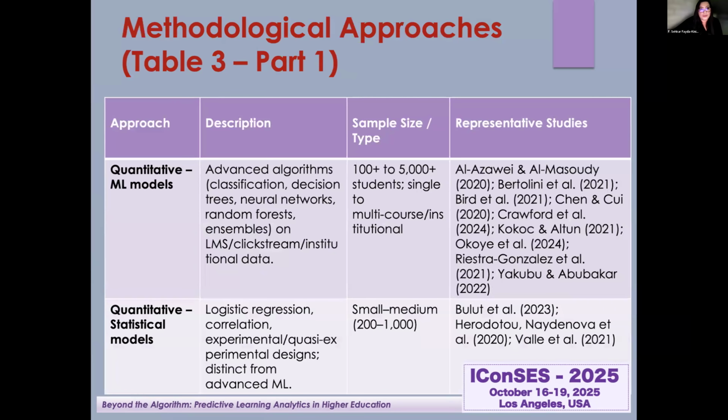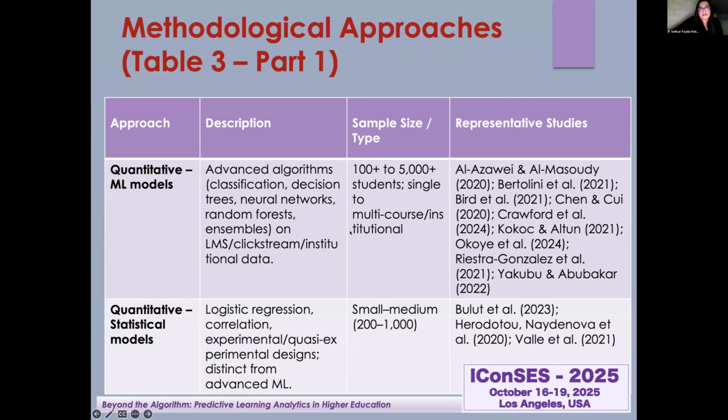Regarding the second research question, among these 21 studies, which methodological approaches were applied? The majority of studies applied machine learning models as a quantitative approach. Advanced algorithms were used on learning management systems, clickstream, or institutional data.